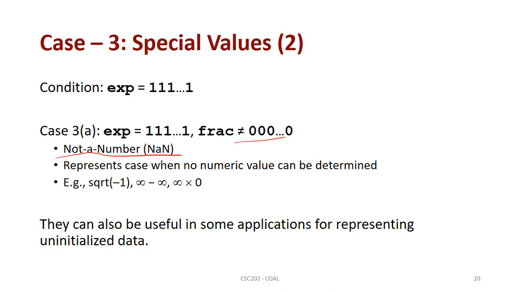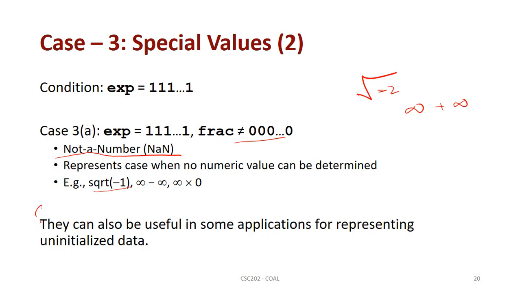For instance, we usually come across imaginary numbers, like the square root of -2. If we add to infinity, it is not a number at the end of the day. If you multiply infinity by 0, also not a number.